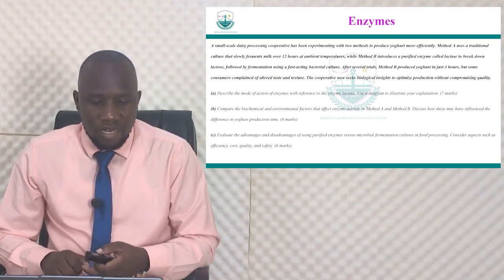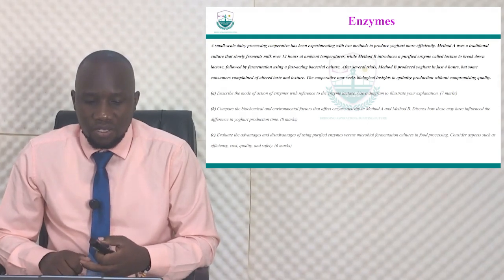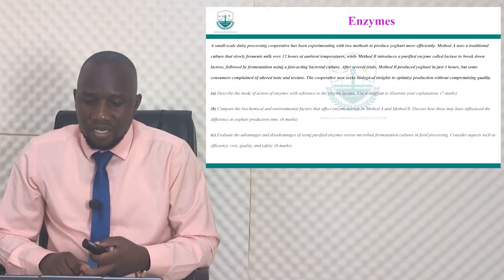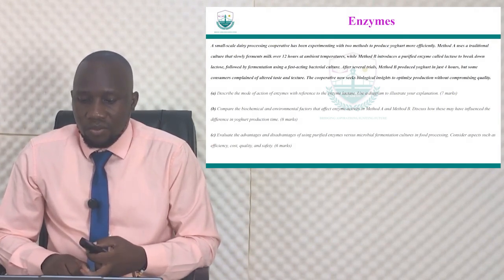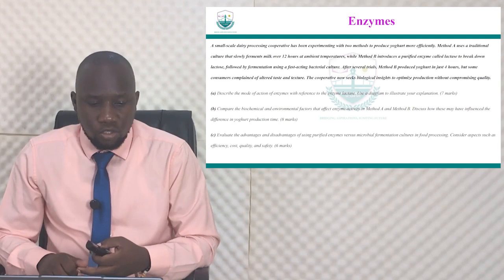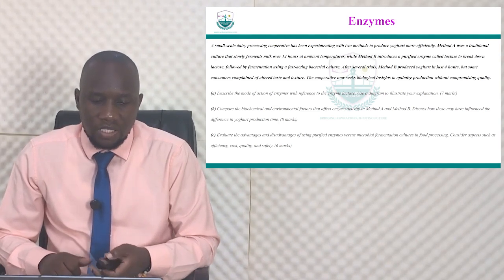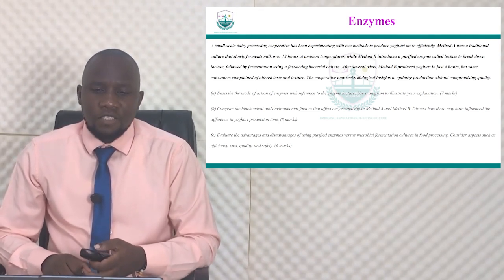And then can you evaluate the advantages and disadvantages of using purified enzymes versus microbial fermentation culture in food processing? We want you to consider aspects of efficiency, cost, quality, and safety.